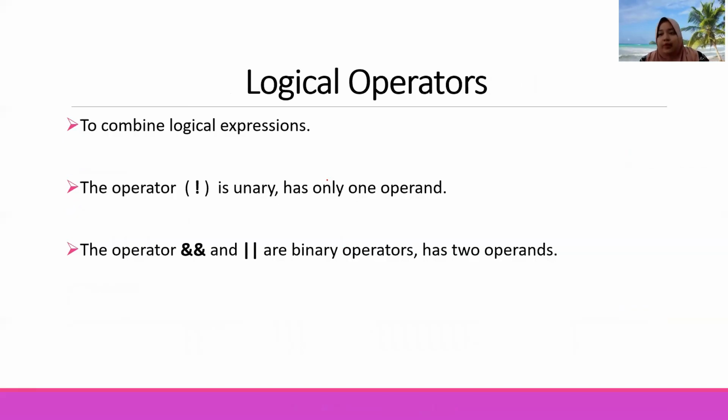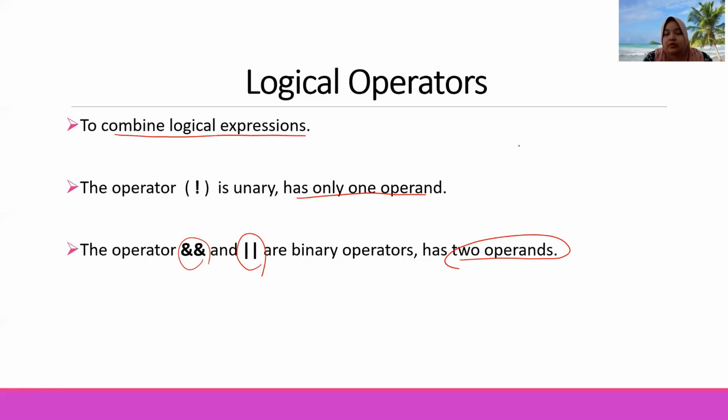Okay, logical operator. Tadi adalah first operator yang melibatkan decision making, iaitu relational operator. You have greater, less than, greater or equal and so on. So next is logical operator. Logical operator you use to combine logical expression. The operator not is unary, has only one operand. The operator and or a binary operator has two operand.